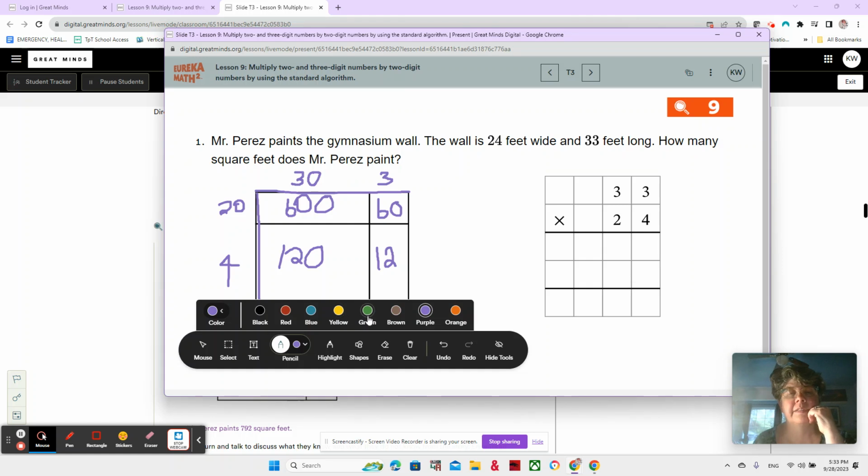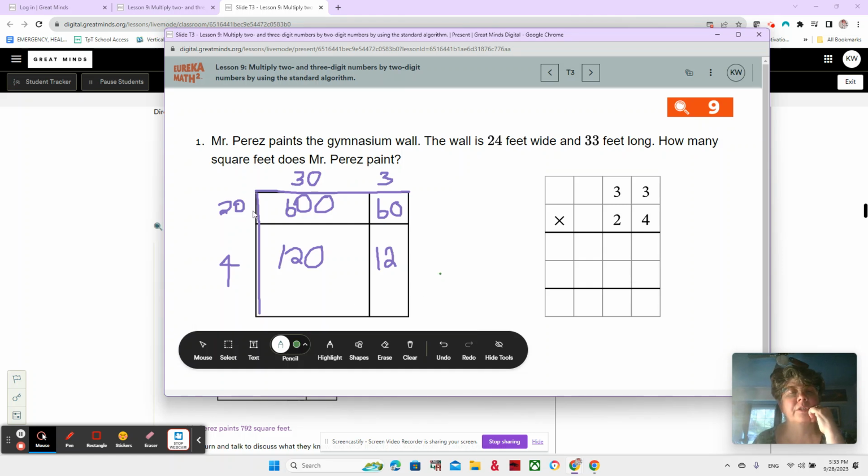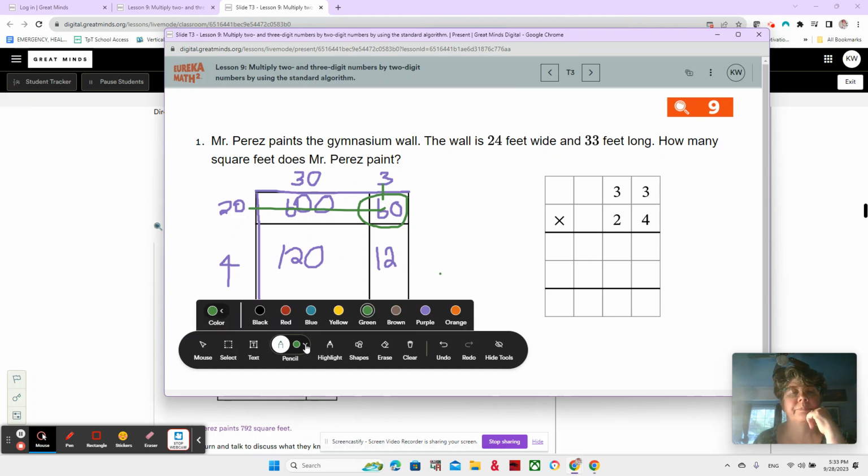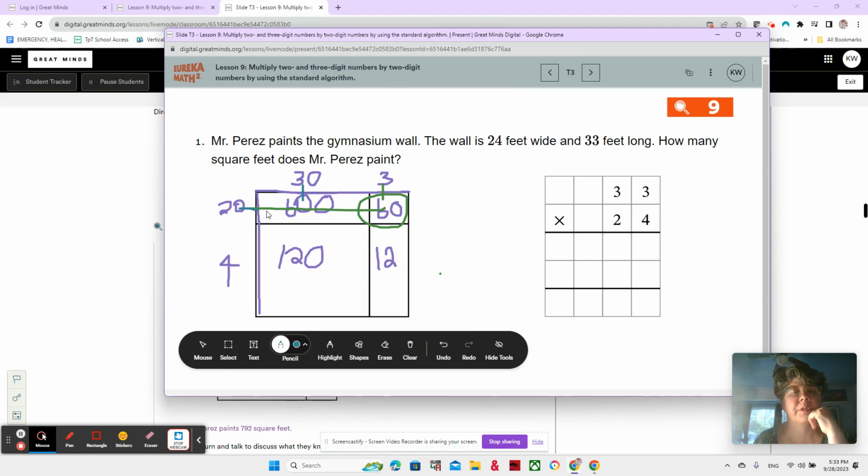Okay, now sometimes students have a hard time seeing this, so I just want to get a different color. Let's get green and show it to you. 3 times 20, that's meeting right here and going in this box. All right, and 30 times 20, that's meeting right here and going in this box.